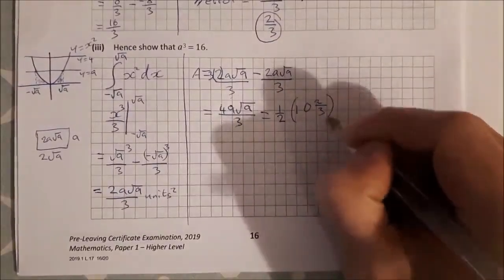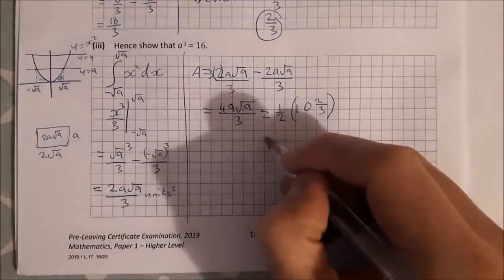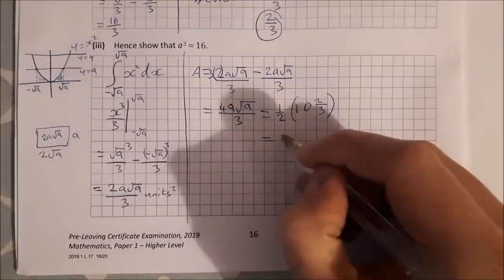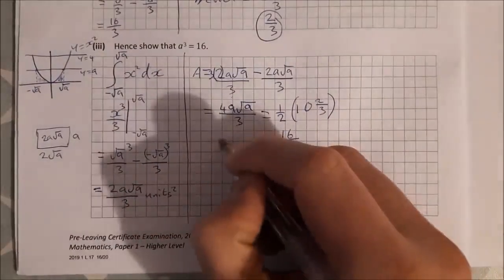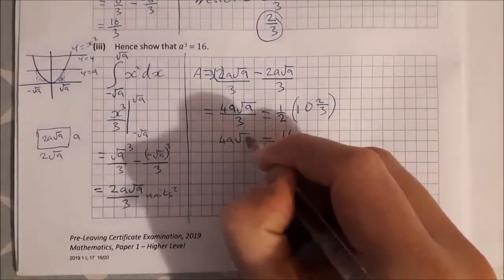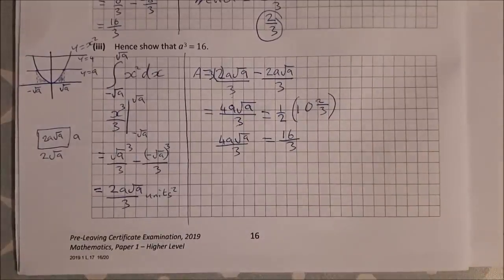So half the area of 10 and 2/3 is equal to 16 over 3. So that area there, 4a root a over 3, is equal to 16 over 3.